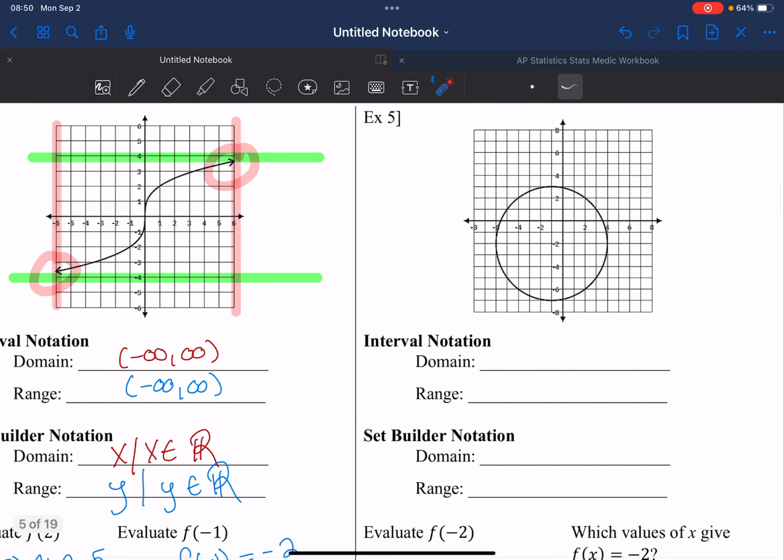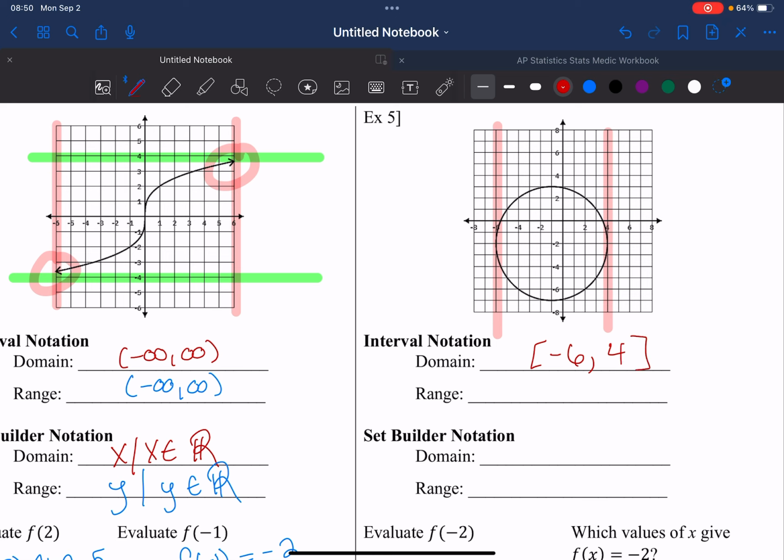So first, looking at the domain, we're still looking at the restriction from left to right. So from left to right, it looks like we go from negative 6 to positive 4. Since it hits at a solid line, they are going to be brackets. So bracket -6, comma 4, bracket.